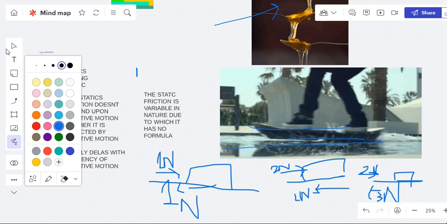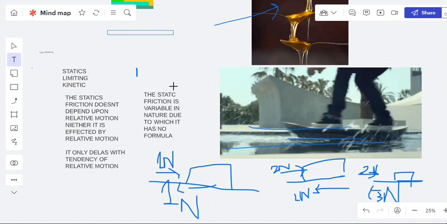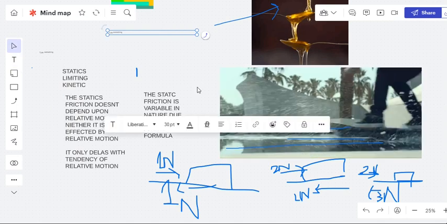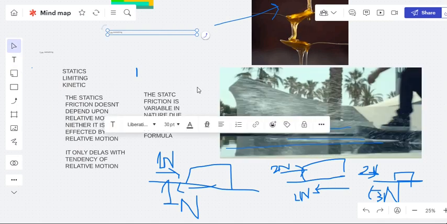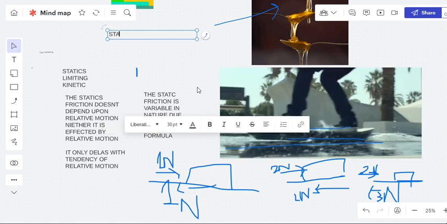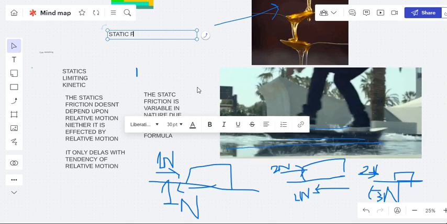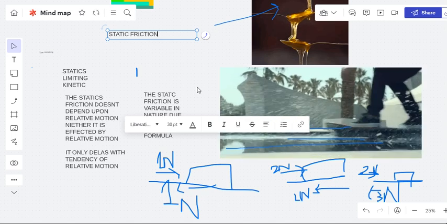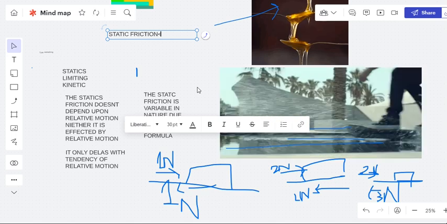It does not have any formula, but there is a property or criterion it follows.